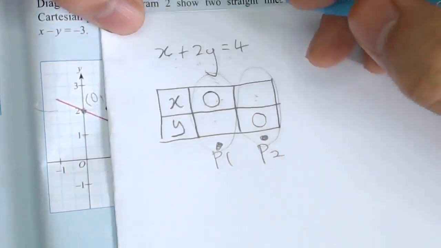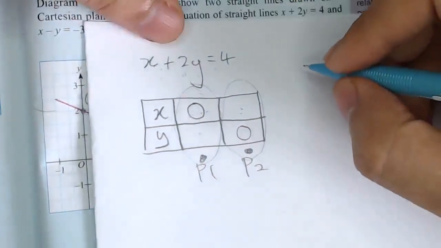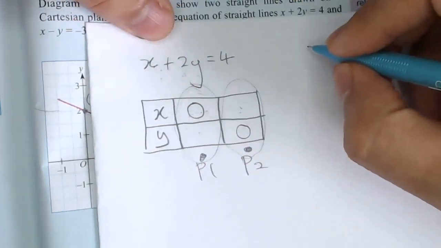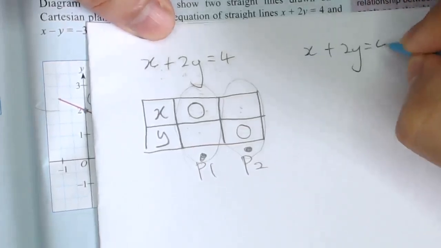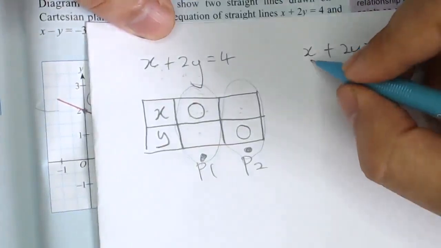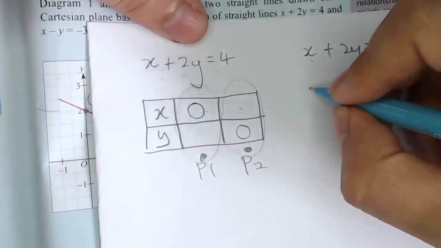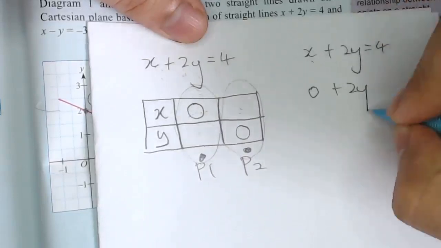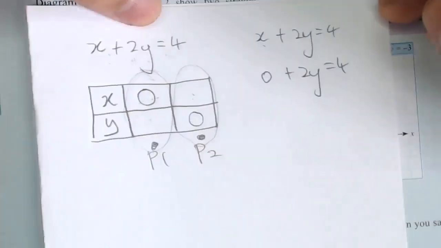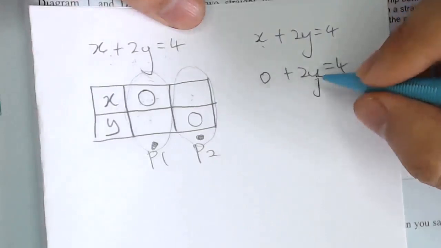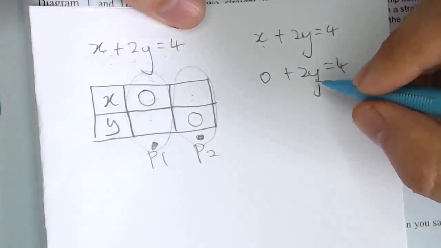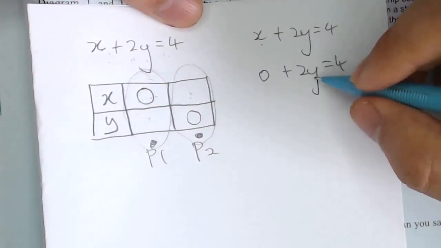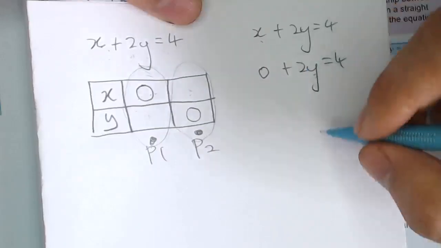There will be a little work for that. So we have x plus 2y equal to 4, and then we substitute 0 for x. Since this now has only one variable, we will get the value of that variable if we keep moving with the process.